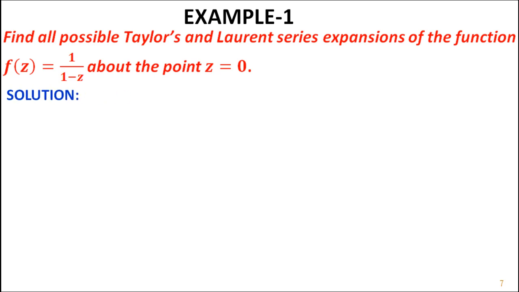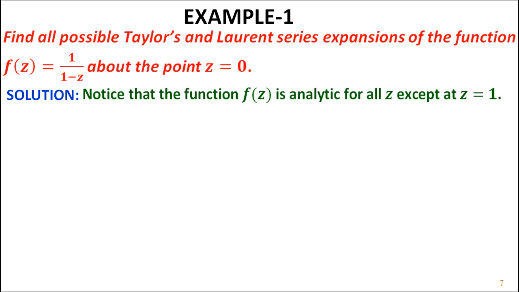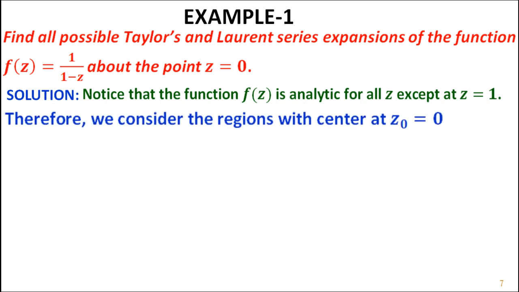Notice that f(z) = 1/(1 − z) is analytic for all z except at z = 1. Therefore, we consider the regions with the center at z0 = 0, or can you guess? Yes.